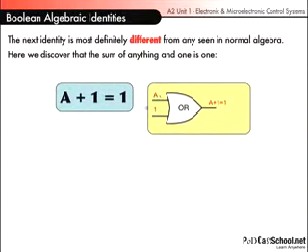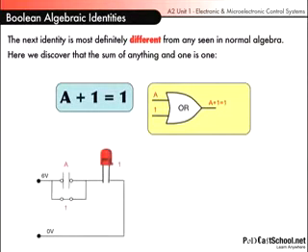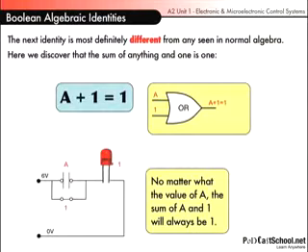Because no matter what A is, if we have a 1 in the lower input, it will always be a 1. We know that from our truth tables from before. Again, if you look at the circuit diagram, if this lower switch is closed, it does not matter what A is at all. It'll always light the LED, or in other words, it'll always be a 1 at the output. Okay, no matter what the value of A, the sum of A and 1 will always be 1. So that's our second identity.